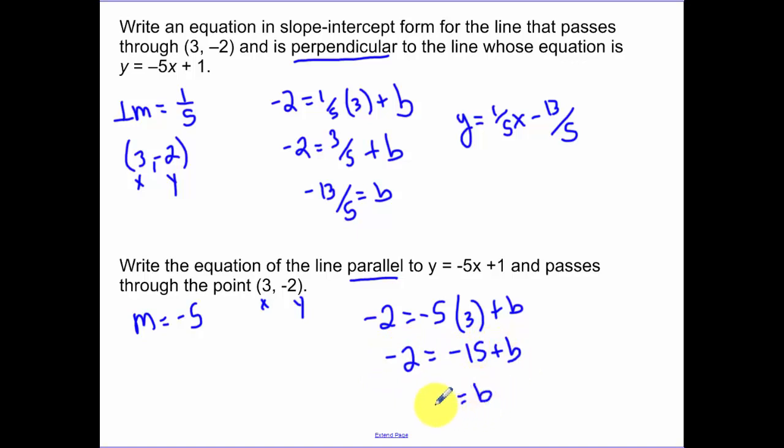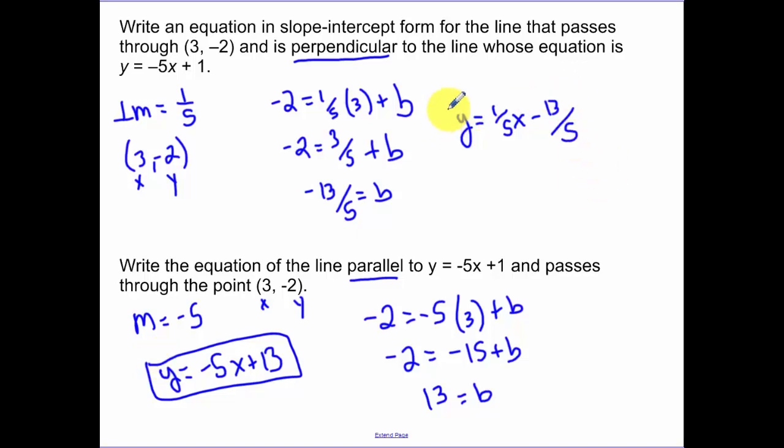Solving for b, we get a negative 13. So our equation, y equals -5x minus 13. So notice how obviously our lines, parallel and perpendicular, are not the same thing.